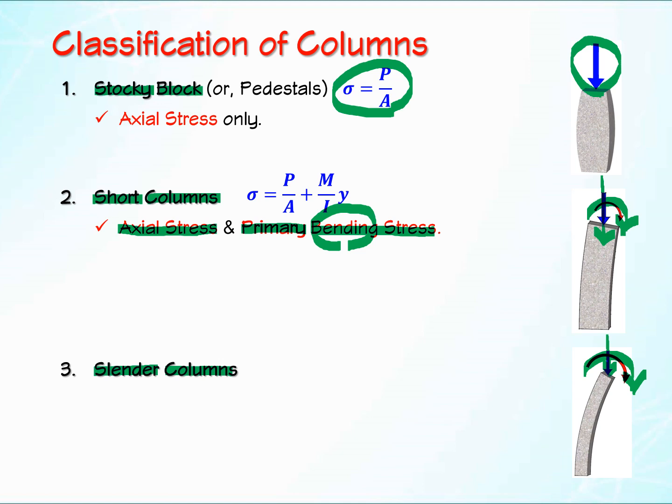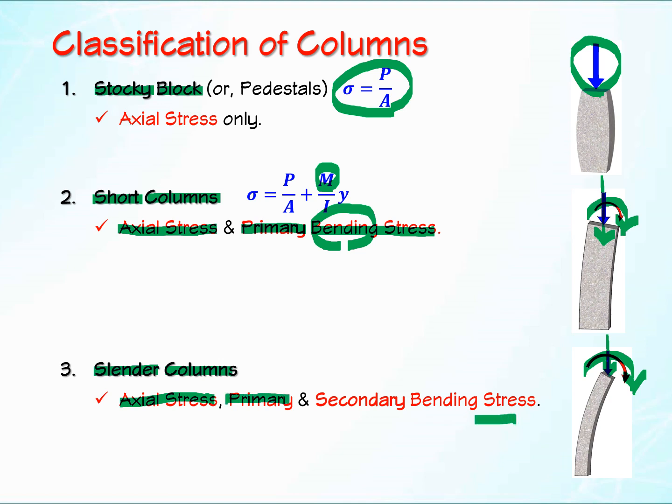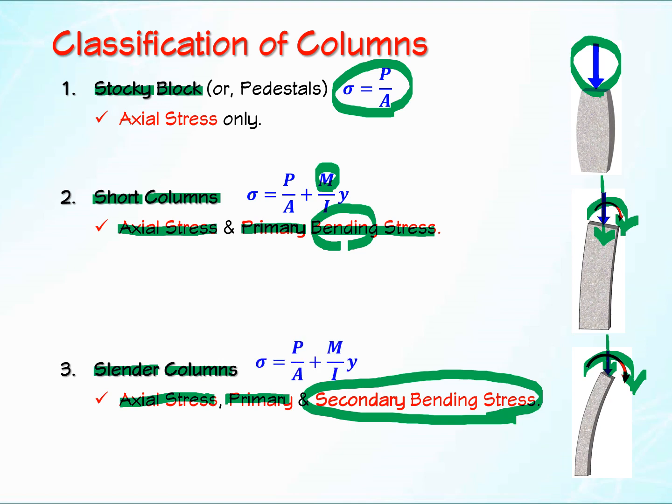Primary bending stress is bending moment from bending moment diagram. As compared to that, slender column will receive axial stress, primary bending, and more importantly, secondary bending stress due to buckling phenomena. So that in addition to this linear combination, we are going to consider buckling effect.